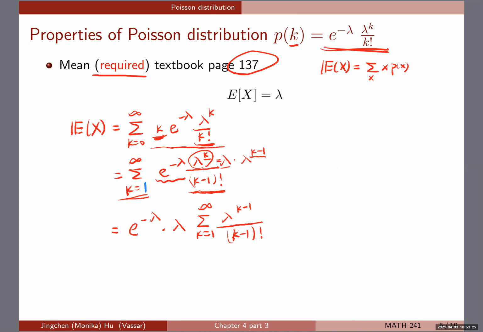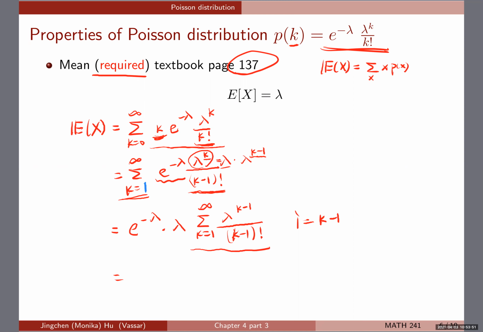So the final step over here, like I said, is very similar to the theoretical exercise from the previous part, is that we can recognize that if I let k minus 1 be i, I can shift all of the terms a little bit.